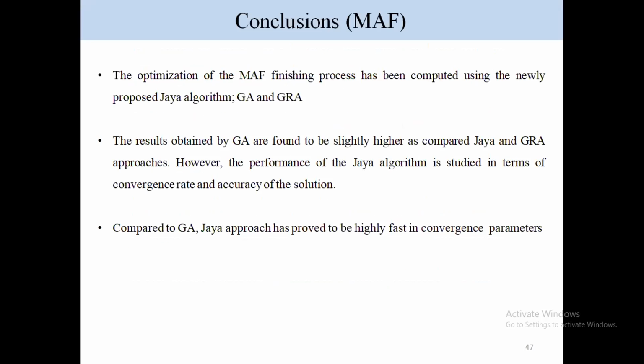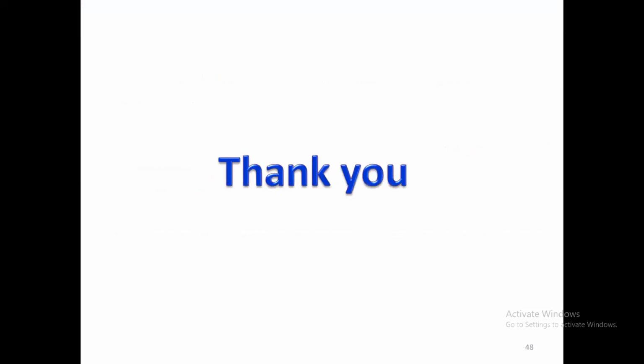Similarly, I would like to conclude the MAF process. The optimization of MAF has been computed using the newly proposed J algorithm. The results obtained by J algorithm are better compared to Jaya, but the number of iterations was less in J algorithm. That's what we observed.